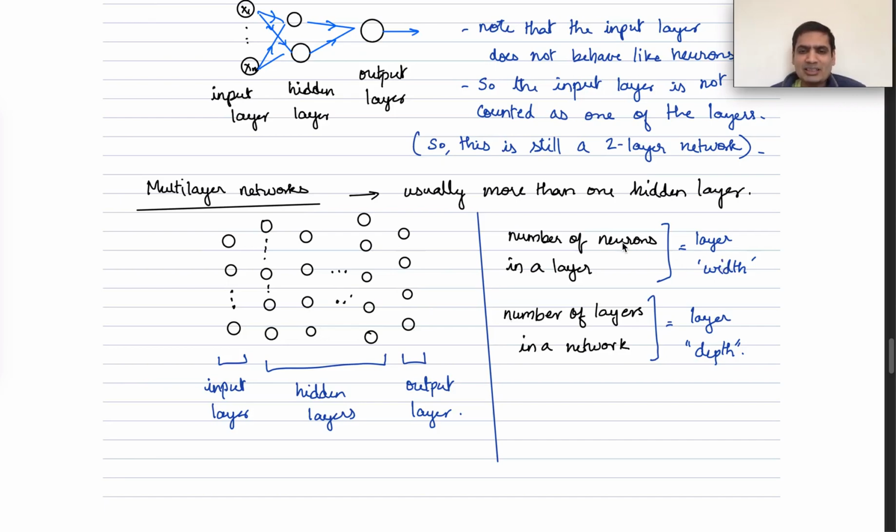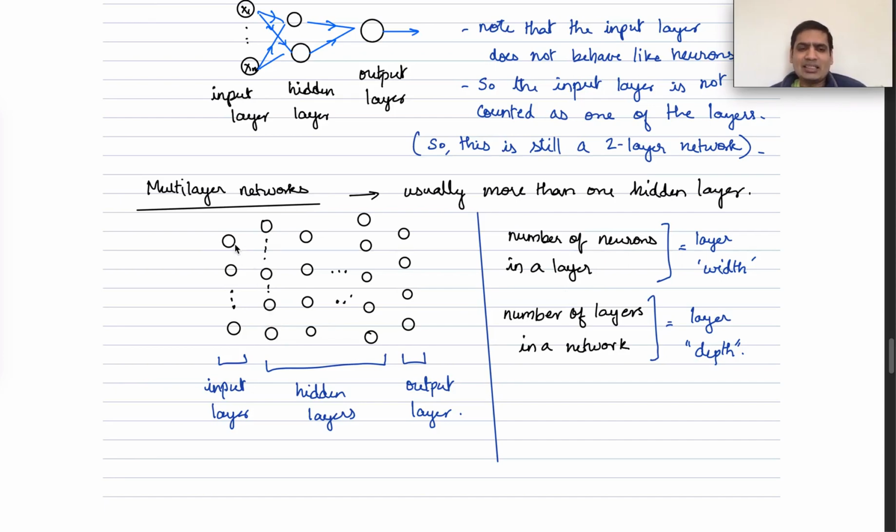Just some more terminology here. Like we said, the input layer is not counted as one of the official layers. And then the number of other layers is called the depth of the network. I should say network depth here. And then each layer will have so many neurons. The number of neurons in a layer is called the width of that layer.